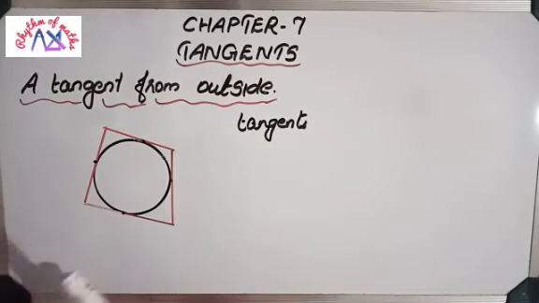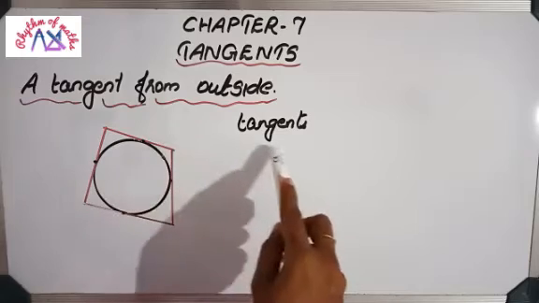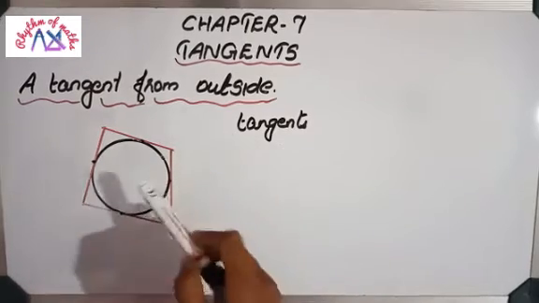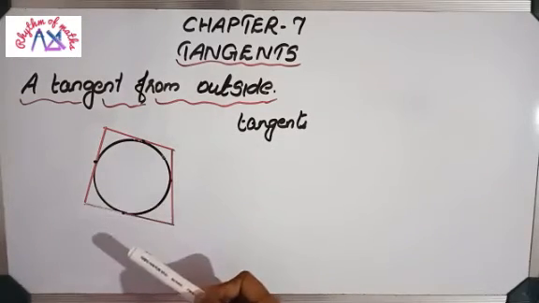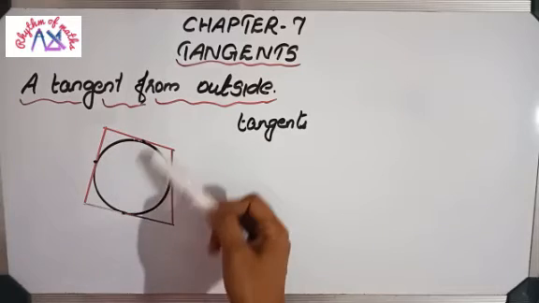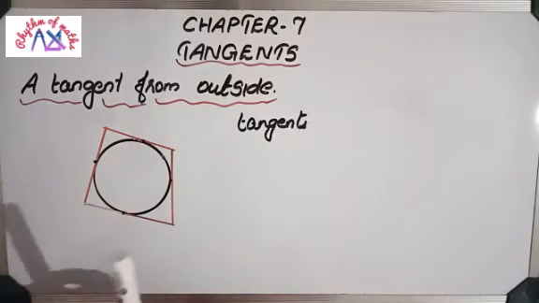If the sides of a quadrilateral are tangents, then the sum of the opposite sides of this quadrilateral will be equal.